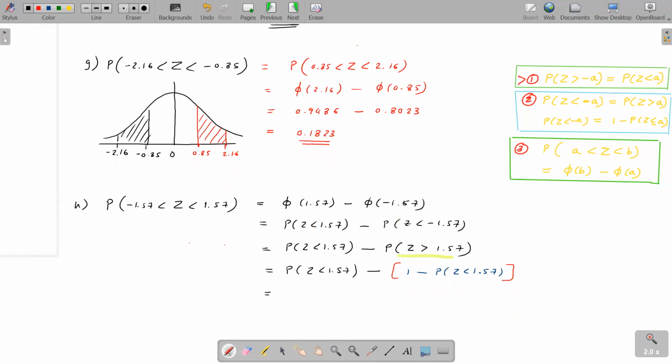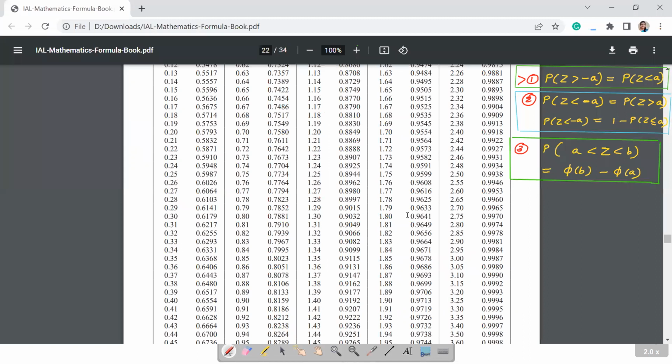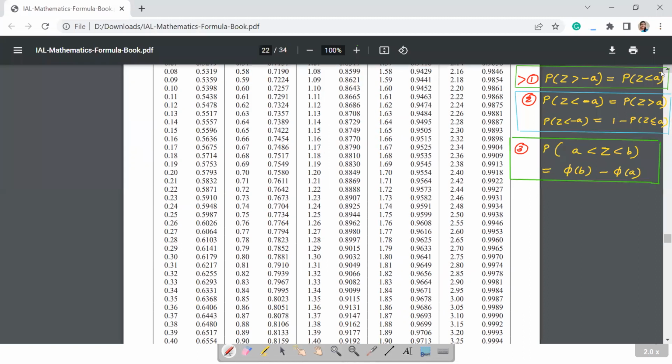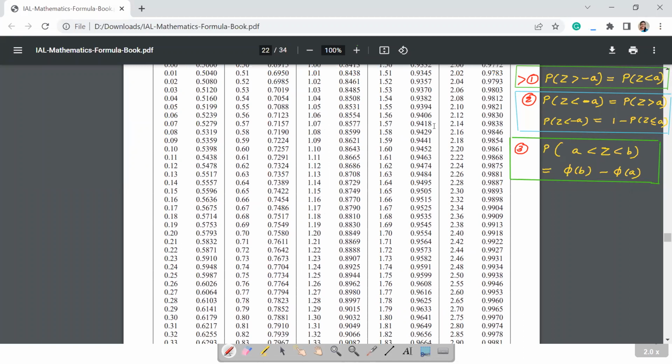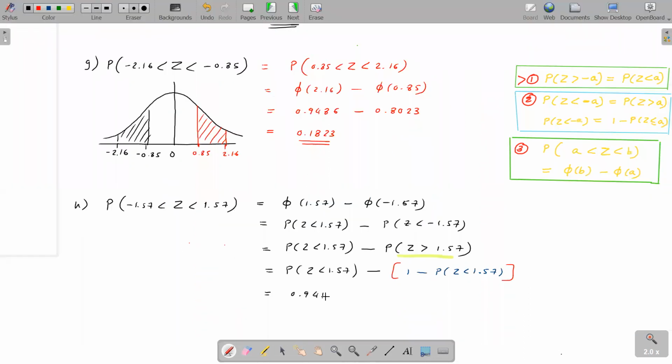Z less than 1.57, let's go to the table. 1.57, you can see here 0.9418. So 0.9418 minus, 1 minus 0.9418, because it's the same thing. It's a matter of typing the values in the calculator, and then you get the answer 0.8836.